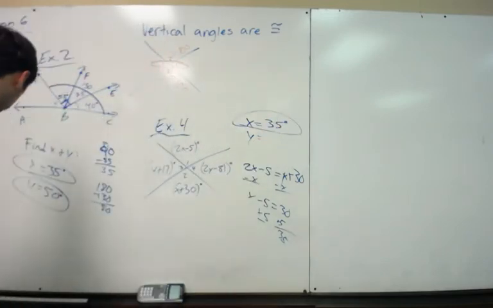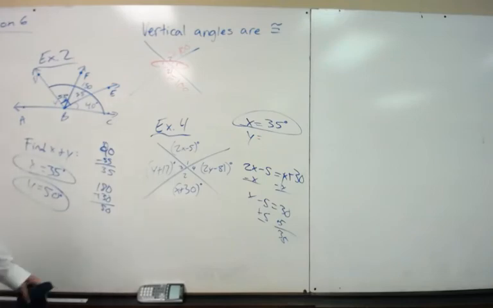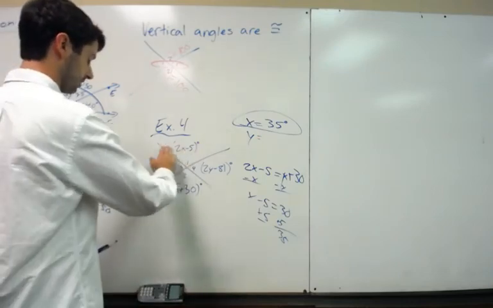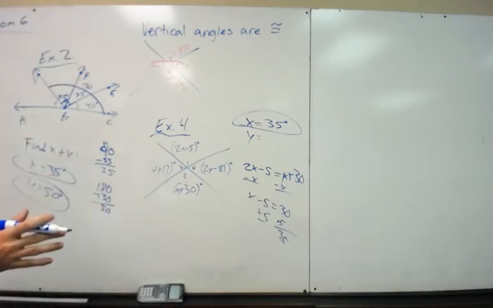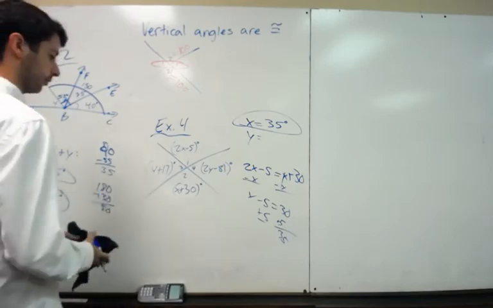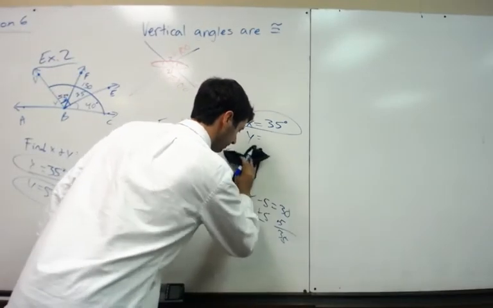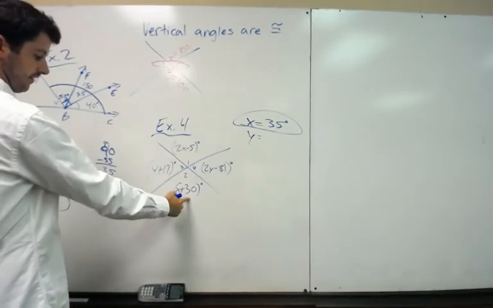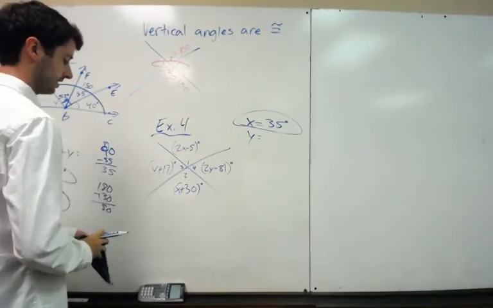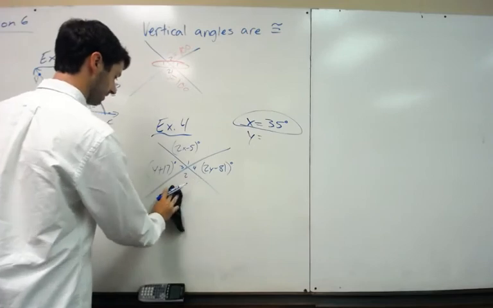And then we would do the same for y. Now, sorry, x is 35, not the whole angle. You could solve for y in different ways. You could plug in 35 in for x. So 35 plus 30 would be 65, so we would know that this angle is 65 degrees.